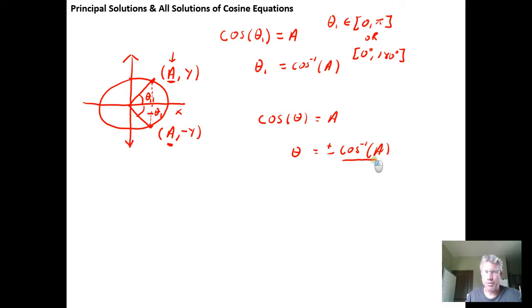We get an angle, but that angle, the opposite of that angle, also generates a side ratio A. So we say, hey, there's two angles, plus or minus, by the even symmetry that's going on here.